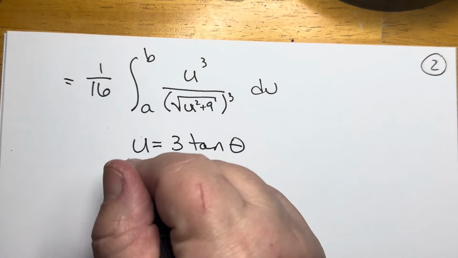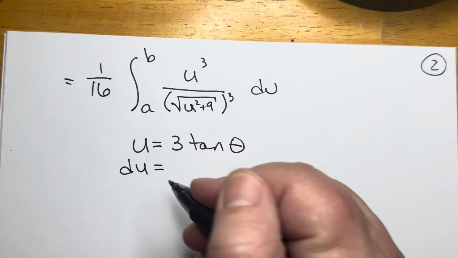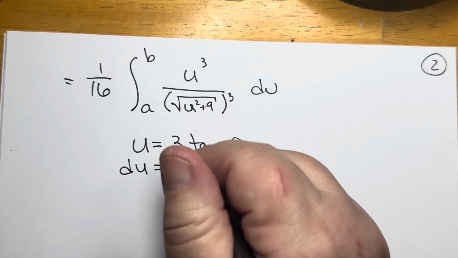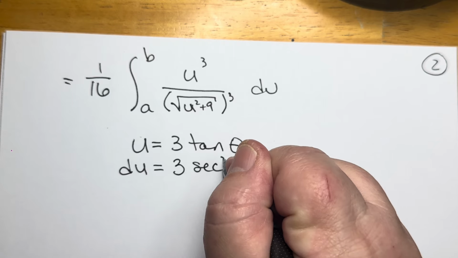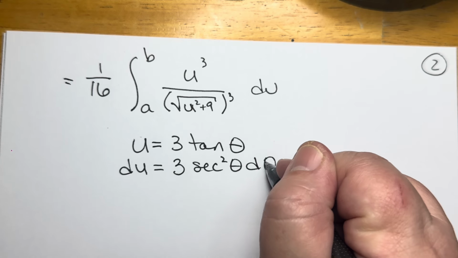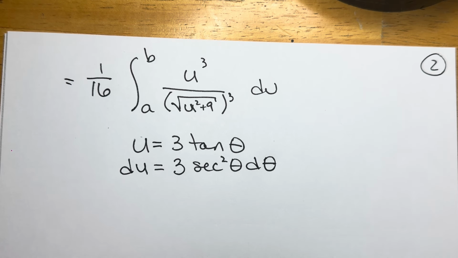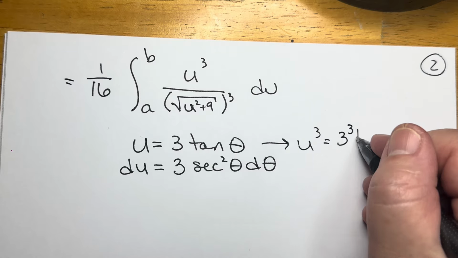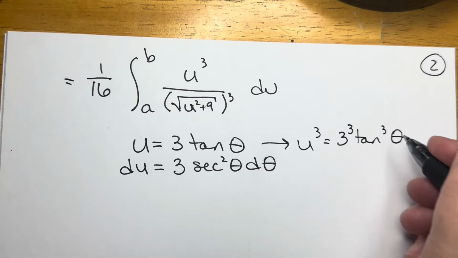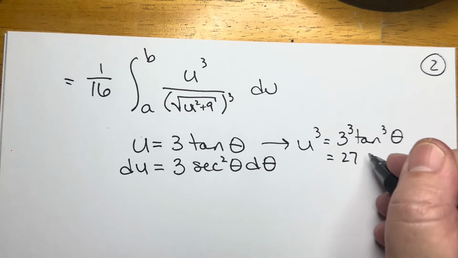Then I have to remember my trig: the derivative is 3 secant squared theta d theta. And I also have this u cubed, which is 3 cubed tangent cubed theta, which is 27 tangent cubed theta.